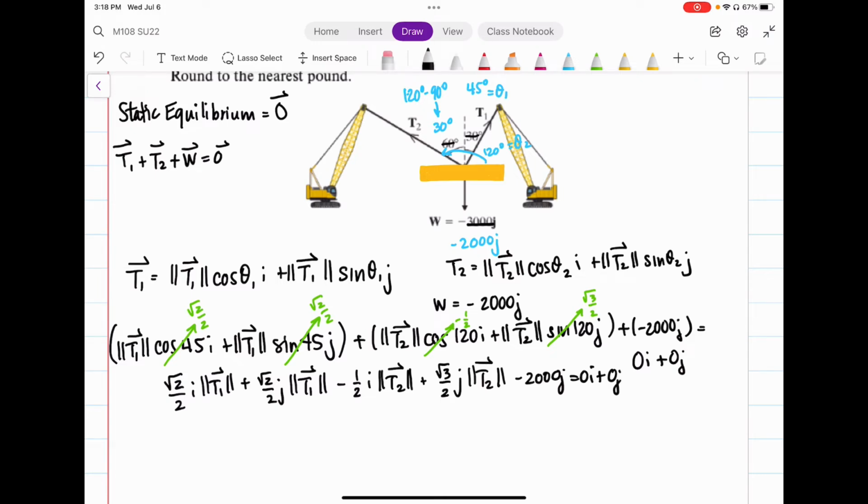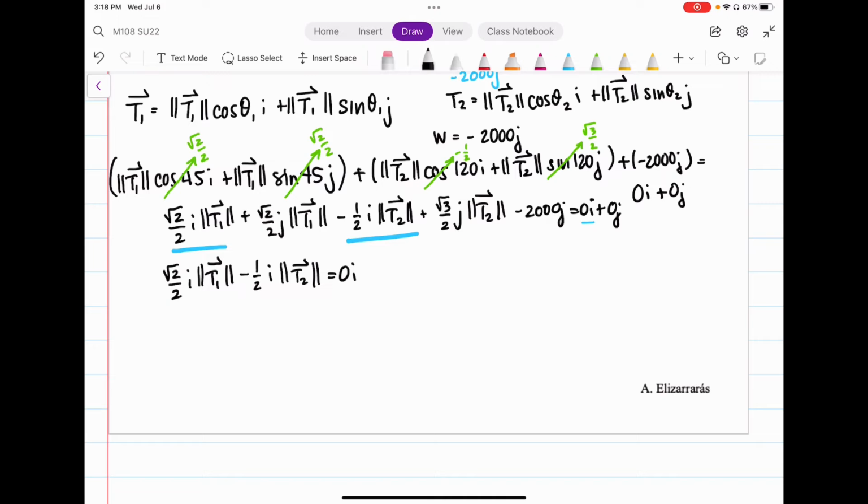I'm going to group the i's together now. I have an i term here, and an i term here, and an i term here. The nice thing about this is I can, first of all, clear the i's by dividing every term by i.